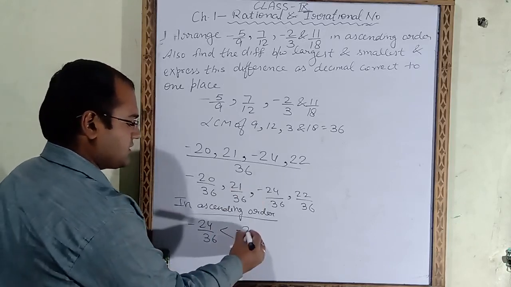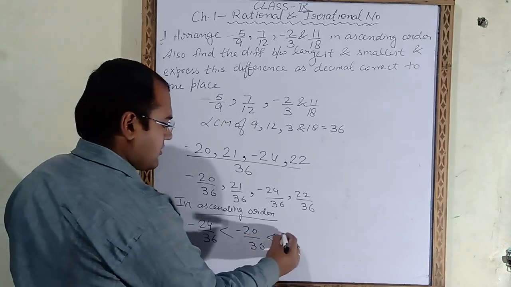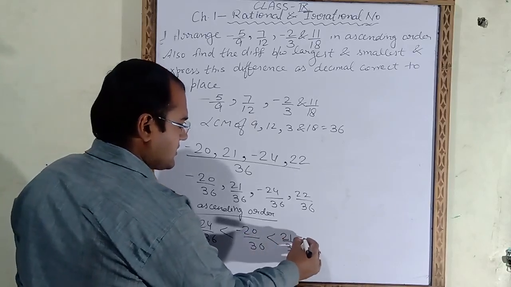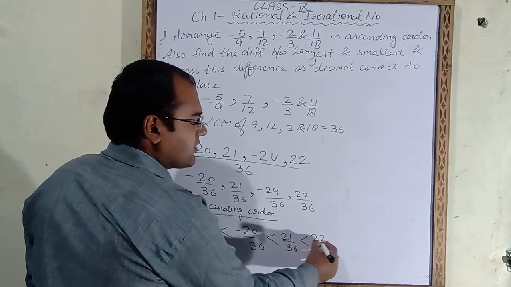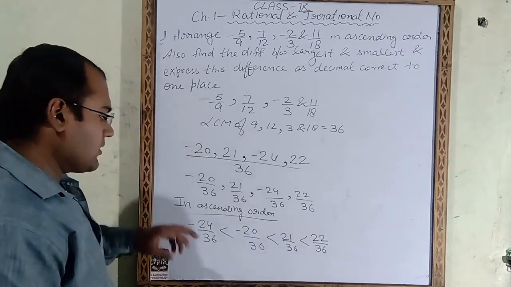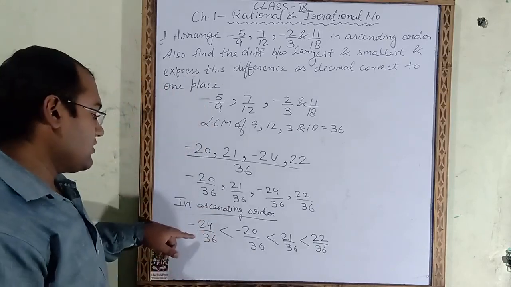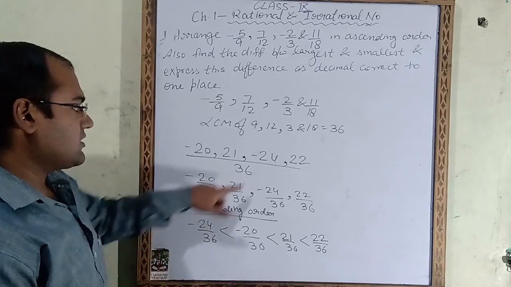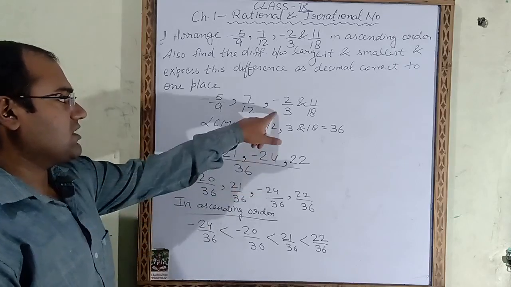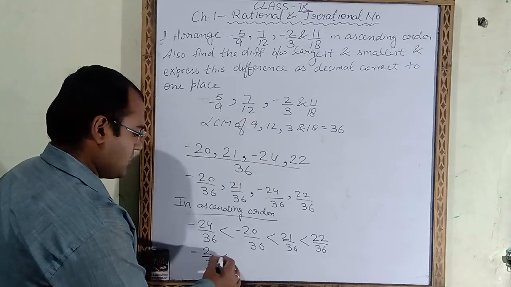After that, minus 20 upon 36, then 21 upon 36, then 22 upon 36. Now we have to write the exact values which are given in the question. Minus 24 upon 36 is the answer for minus 2 upon 3.